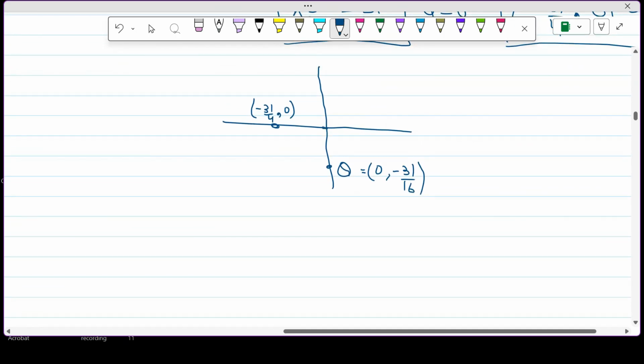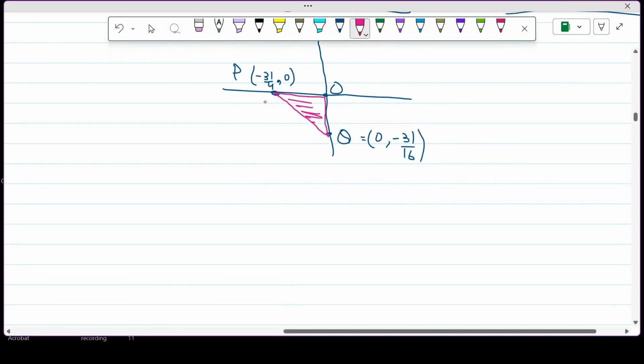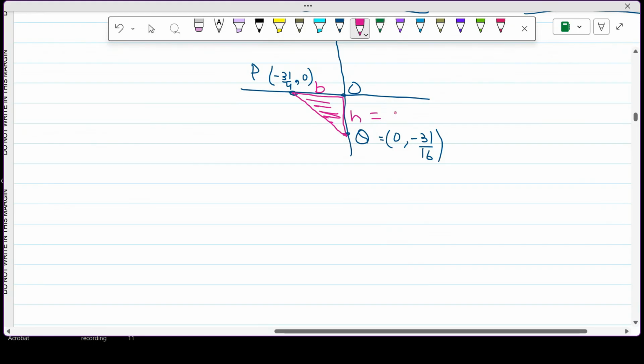Okay, this one is the origin, this one is P. We need to find the area of this triangle, and the area of the triangle is equal to half times base times height. So the distance from the origin to the point Q is equal to positive 31 over 16, and the distance from the origin to point P is equal to positive 31 over 4.